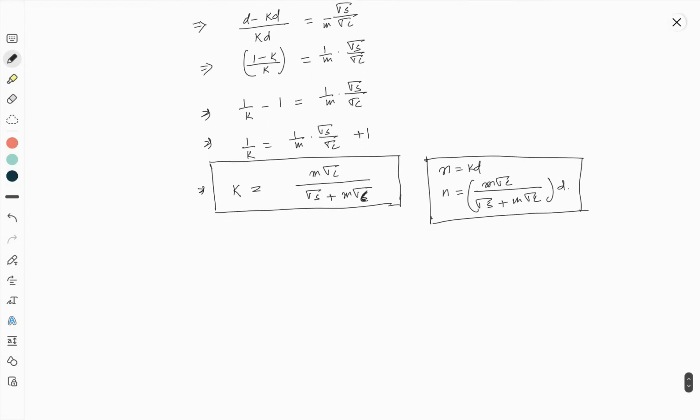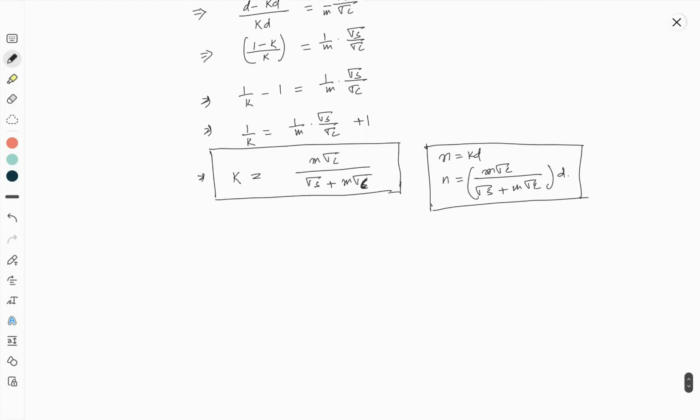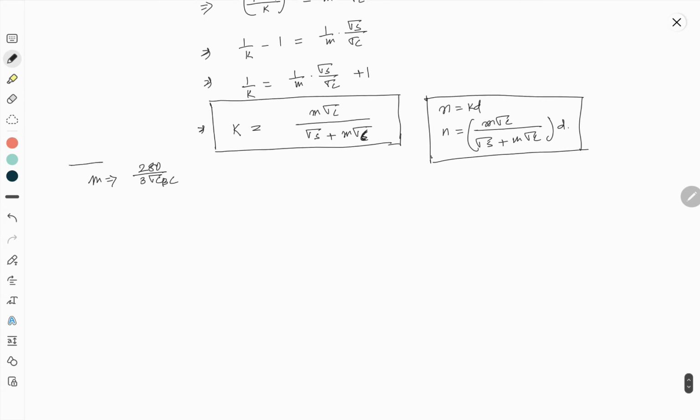Now we apply that m equal to 280 by 3 sigma cbc. Now put the value of this.